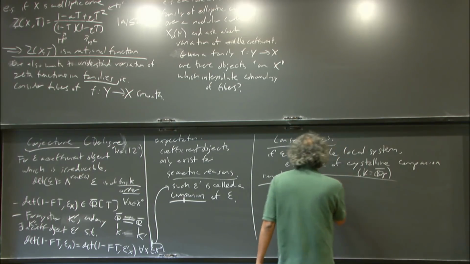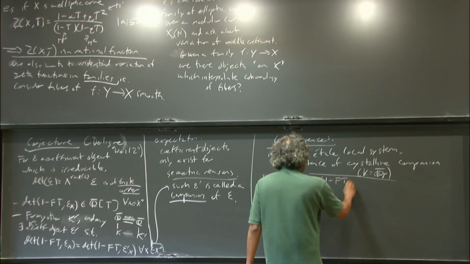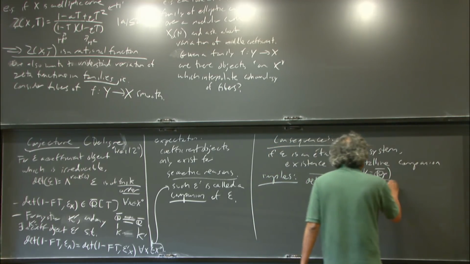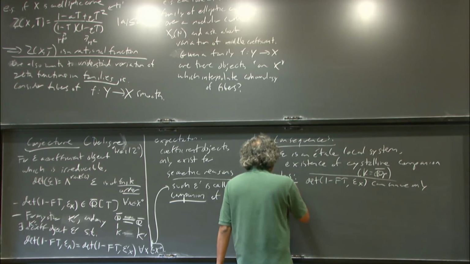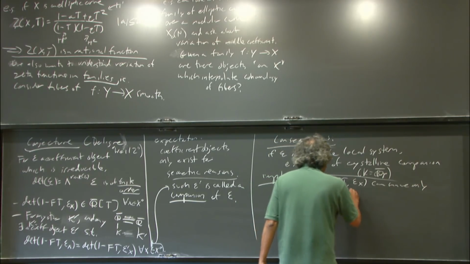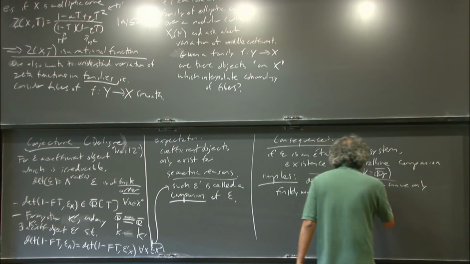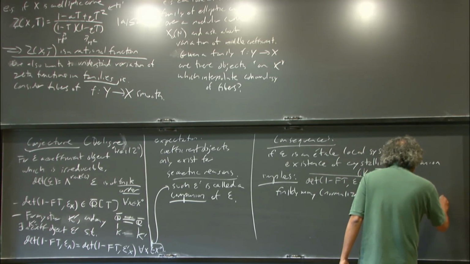So for example, it tells you that these characteristic polynomials can have only finitely many normalized Newton polygons as x varies.